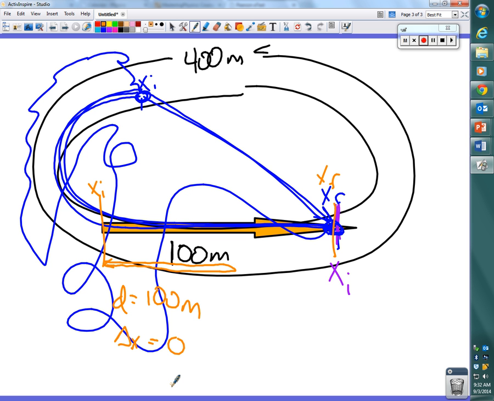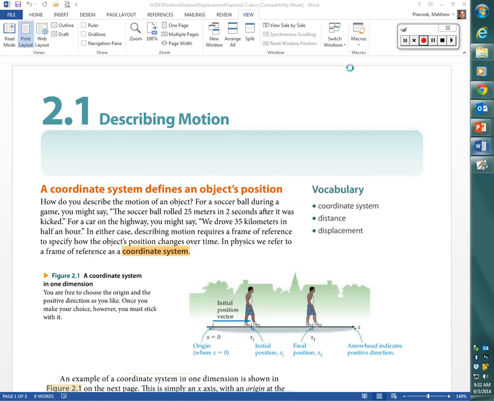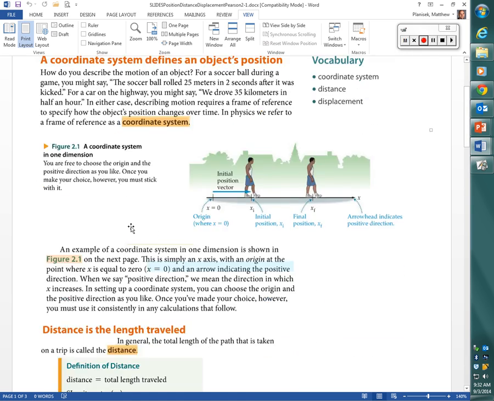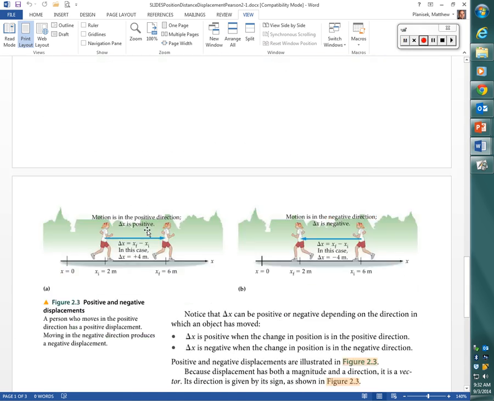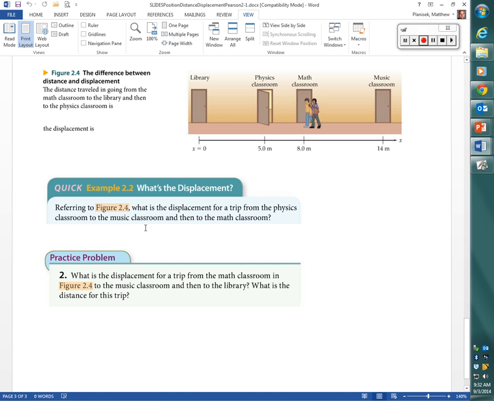Good. Okay. On page 3 of the packet that I gave you yesterday, in the middle of the page, there is a rough drawing of a school, which apparently doesn't have very many classes, because they have the library, the physics classroom, the math classroom, and the music classroom all in exactly the same hallway.